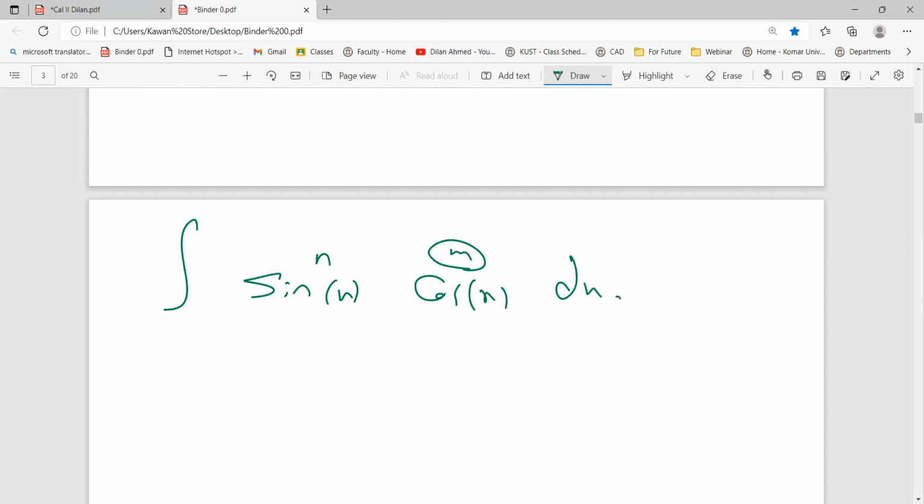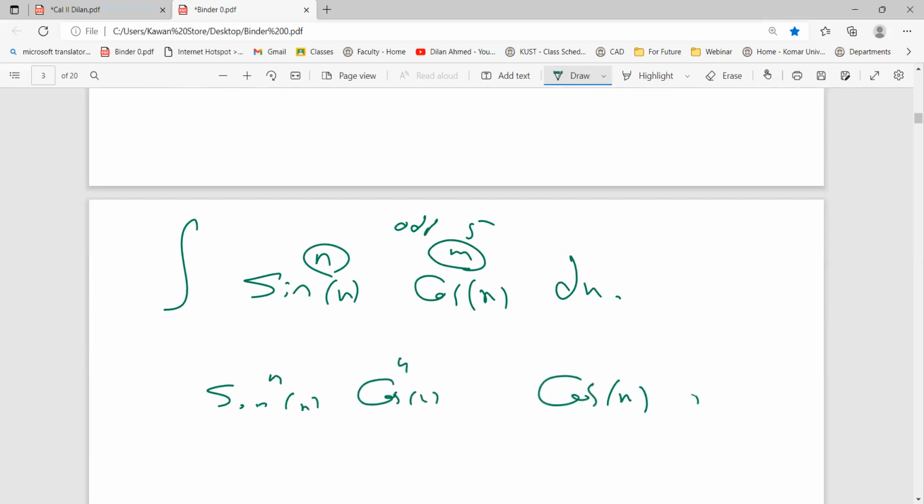I'll separate one of them. For example, let that one be odd, be 5, and that one any number, say 4. Then sine to the 5, cosine to the 4 of x, cosine x dx. I will make that one a d box. So I make one of them go out with my d.